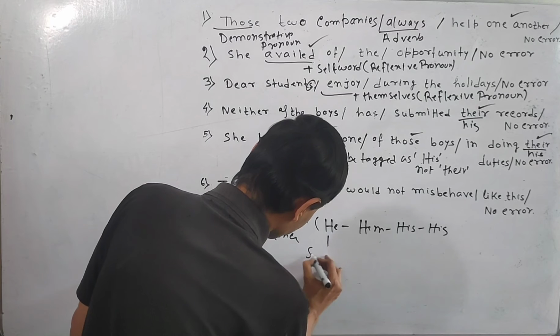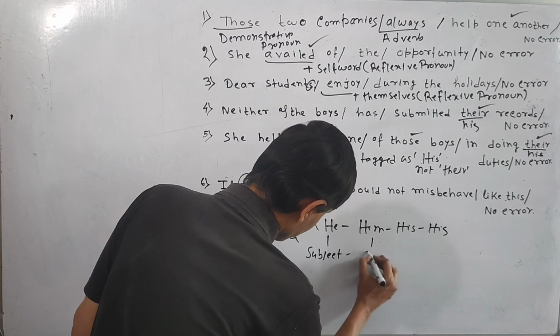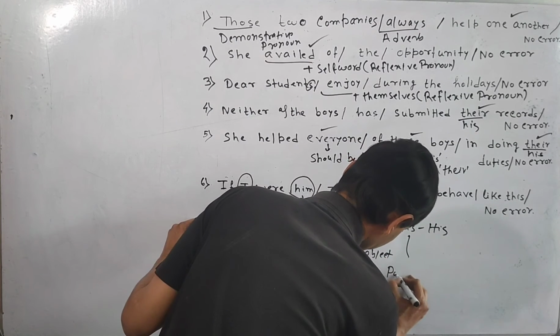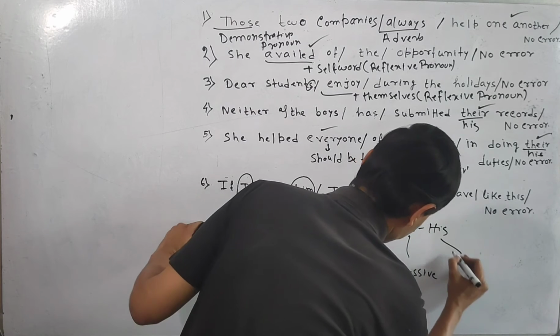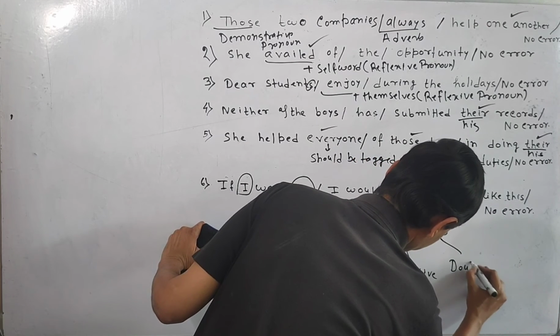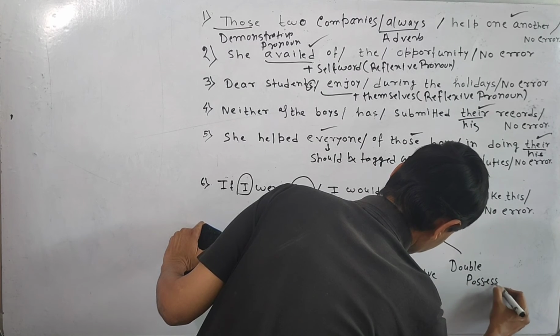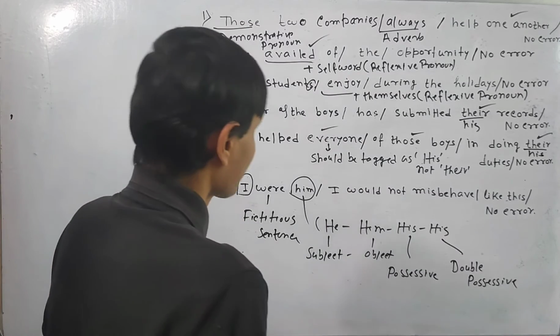It is the subjective form. It is the object. It is the possessive. It is also the double possessive. So you have to be very choosy and selective during the time of exam.